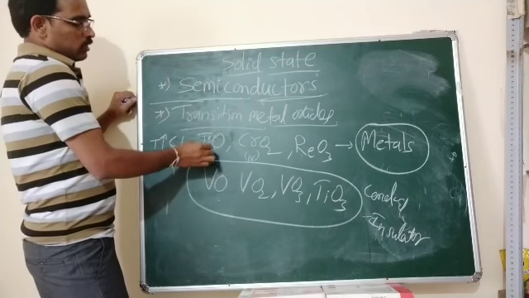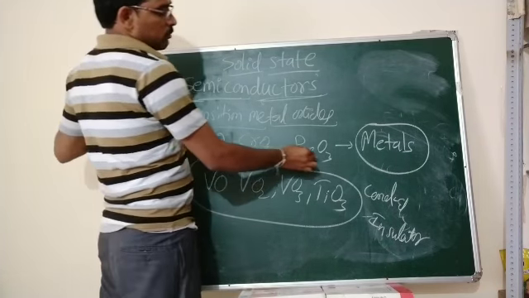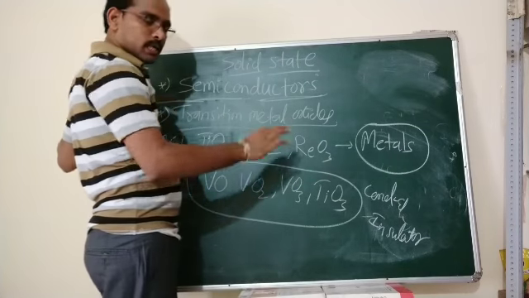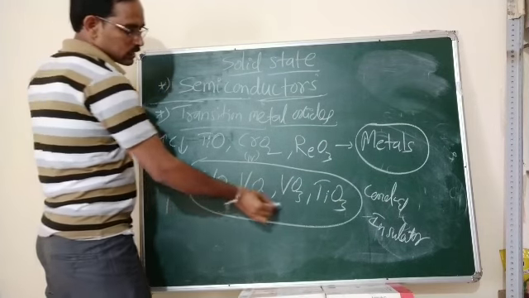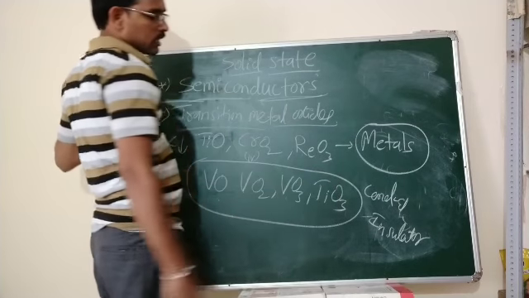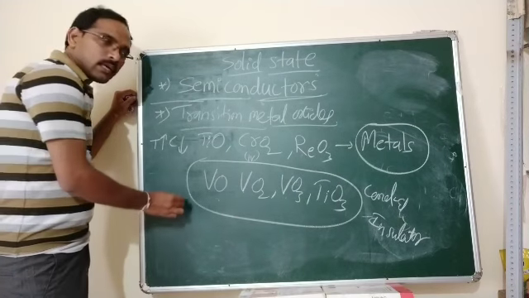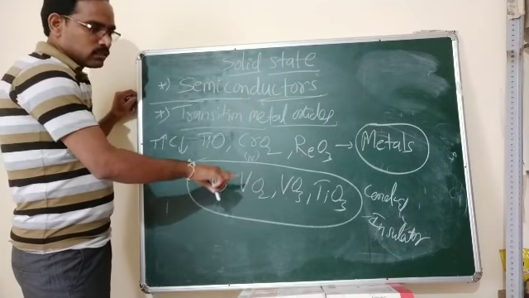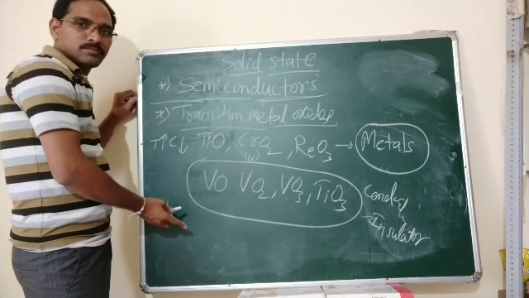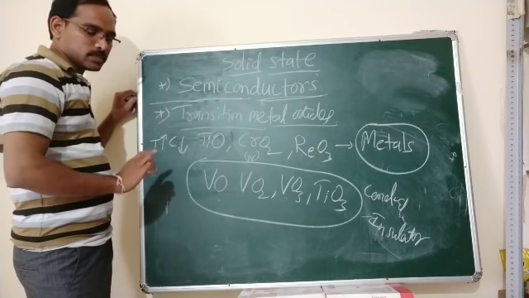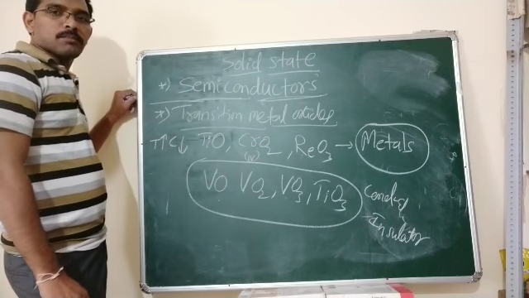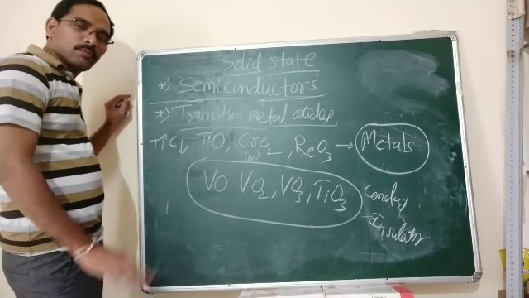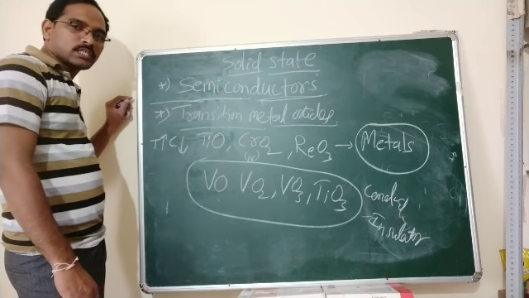Titanium oxide, chromium dioxide and rhenium trioxide act like metals. Almost all vanadium oxides, monoxide, dioxide and trioxide, including titanium trioxide, act as conductors as well as insulators, depending on the temperature. These are the conductivity properties of metals in the solid state chapter.